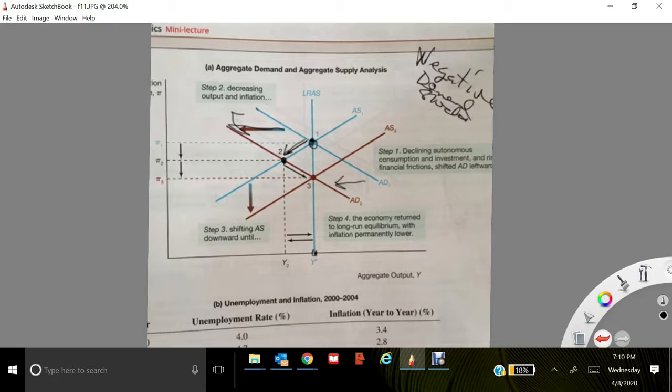A technical thing about the way this works on the graphs, and it's interesting: when one curve shifts, the effect is to then trace out the other curve in the data.